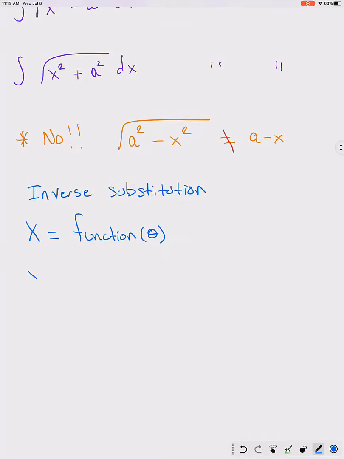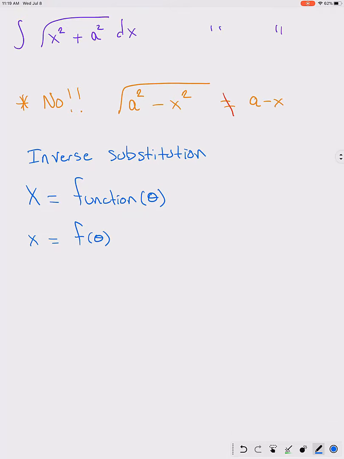So a way to write this would be x is equal to a function of theta. Now remember that an inverse function has to be 1 to 1, so our function f of theta must be 1 to 1. Let me show you an example of how this could work.